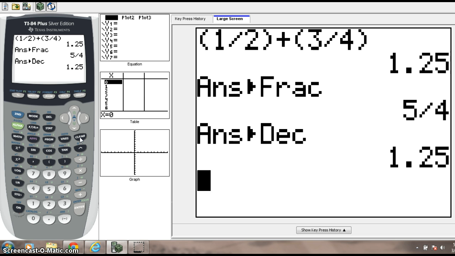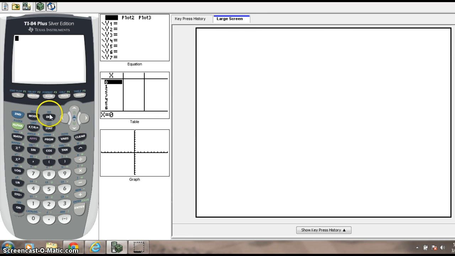Now you may have a new operating system on your calculator. This calculator on my computer does not have the new operating system, and I believe that there is a fraction feature if you push the green alpha key and then this y equal key, and I can show you that at another time. But for now, let's just use parentheses to represent fractions.